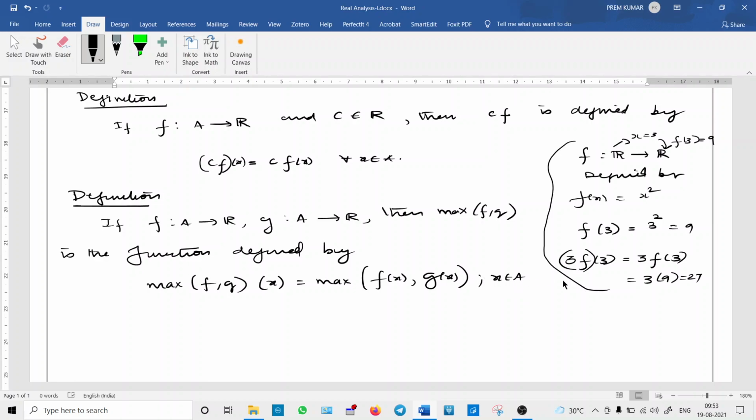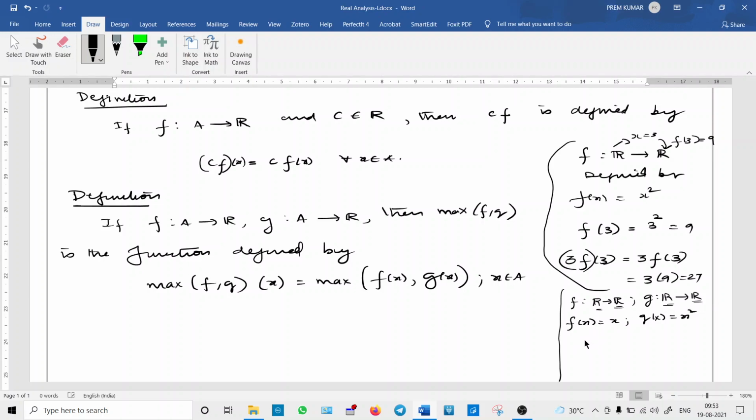Suppose I take two functions. Example: suppose f is a function from R to R, and g is also a real valued function. I am defining f of x as x, and g of x as x square. So both of them have the same domain, and both of them are real valued.